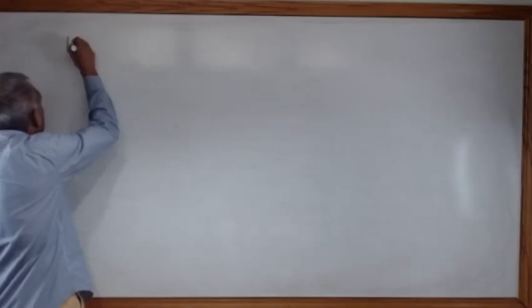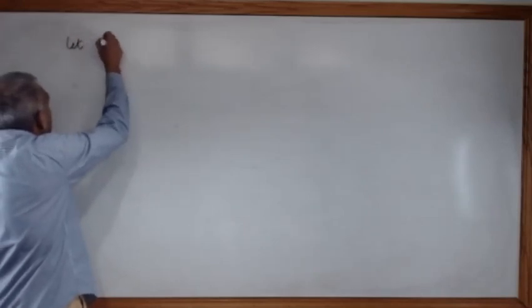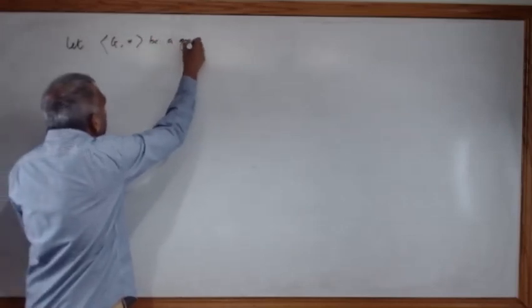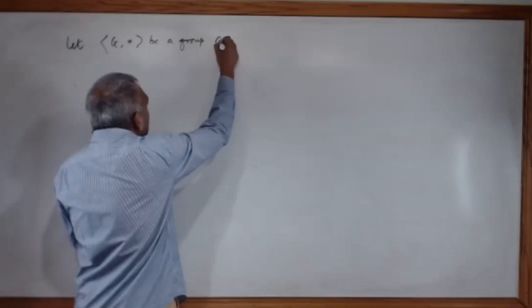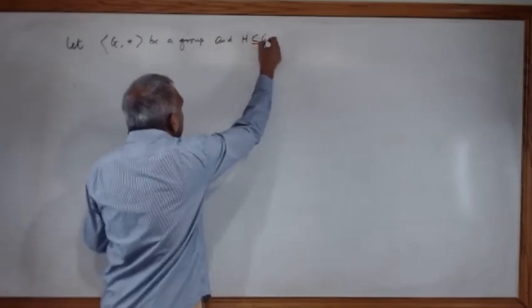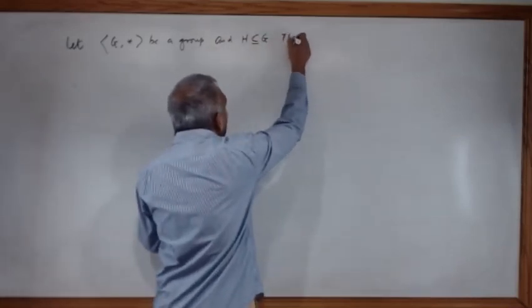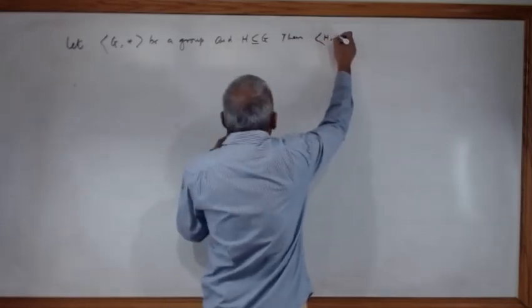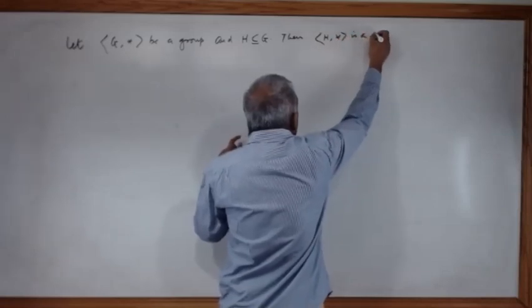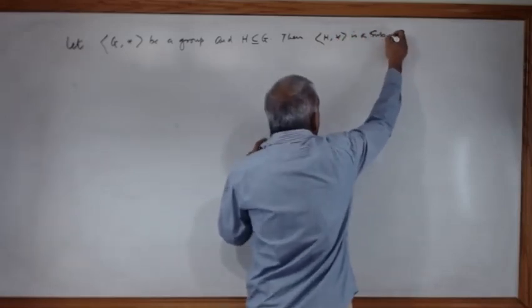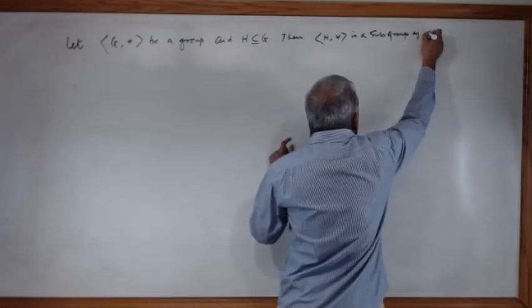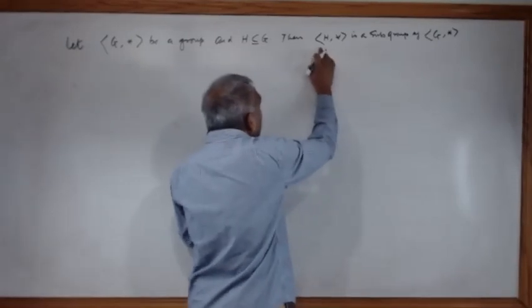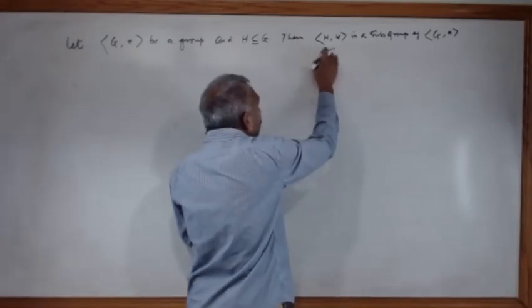So let G be a group and H a subset of G. Then H is a subgroup of G. Later on, we will not use the whole notation.